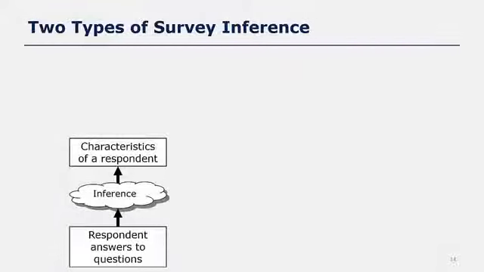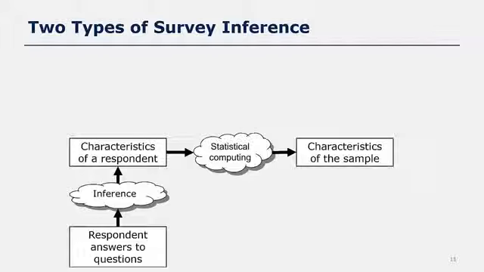You infer from my answer to the question about age something about my experience, my living conditions, my health, and the like. Now, with all the answers to the individual responses and the inferred characteristic with it, we do some statistical computing, right? So we form an average of all the respondents' answers and the implicit characteristic.